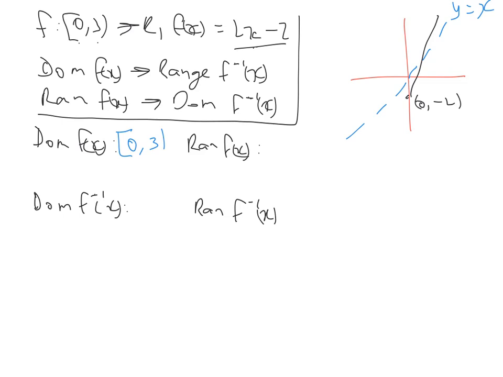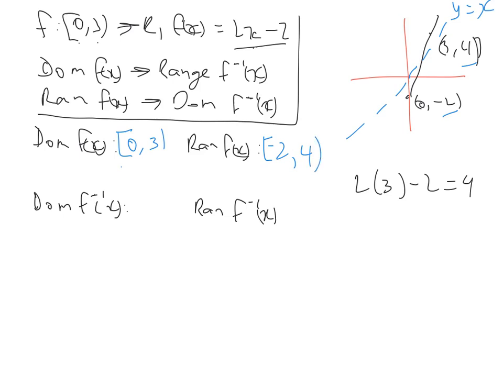We substitute 3 into this equation and we end up with 2 times 3 minus 2, which gives us 4. So it's going to go up to (3, 4). Based on that, we can see that our range goes from -2 out to 4. Now, this is going to be a square bracket because we start with a square bracket, and then it's going to end in a rounded bracket.